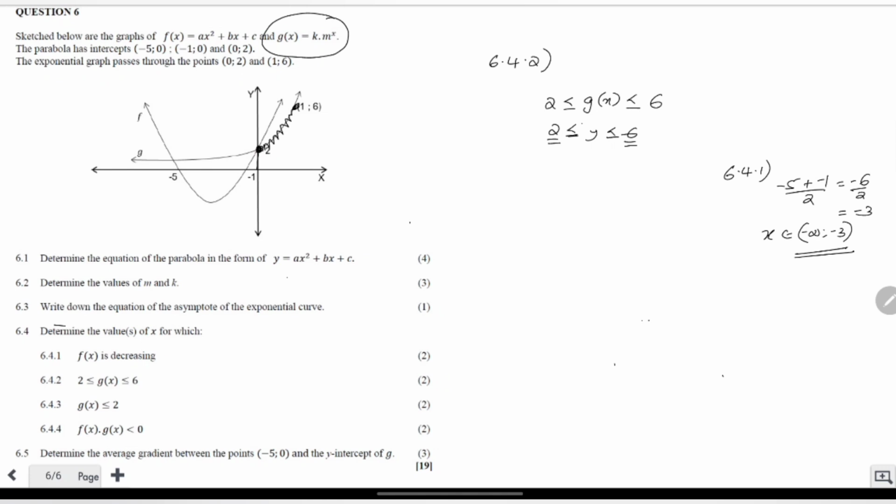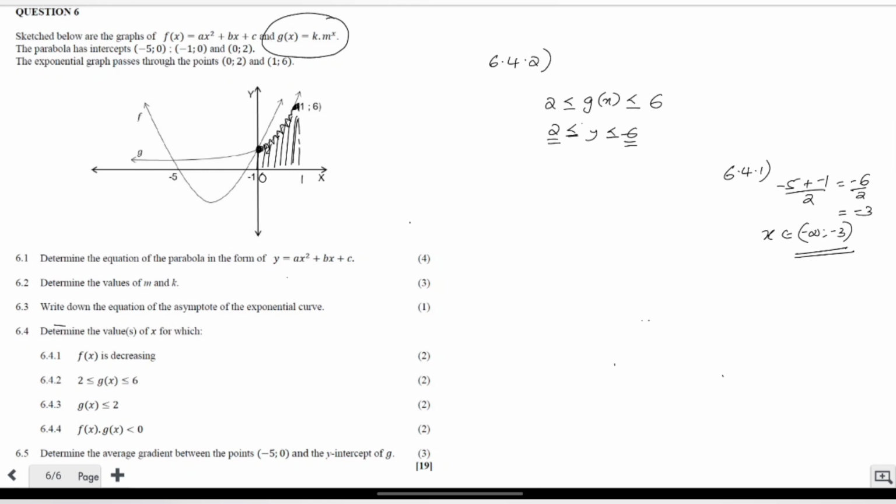So at 2, what is the x value? X value is 0, isn't it? Because 2 is on the y-axis. And at 6, what is the x value? It is 1, which means the x values are there between 0 and 1. So you have to identify all the x values in that part of the graph where I shaded.